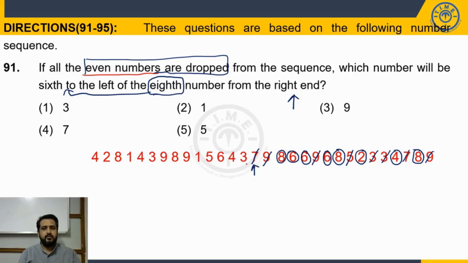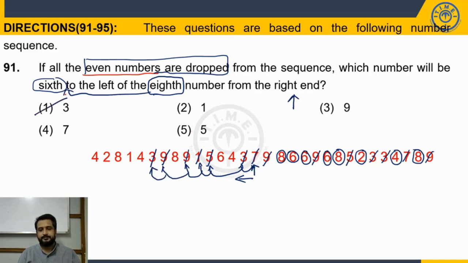7. Now with respect to 7, we have to find what? 6 left. So left hand side will be this side. Again I have to take only odd numbers into consideration. So odd number 1, 2, 3, 4, 5, yes, 6. So first left, second left, third left, fourth left, fifth left and sixth left. So which number it is? 3.